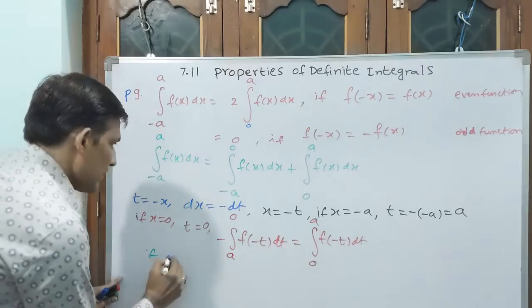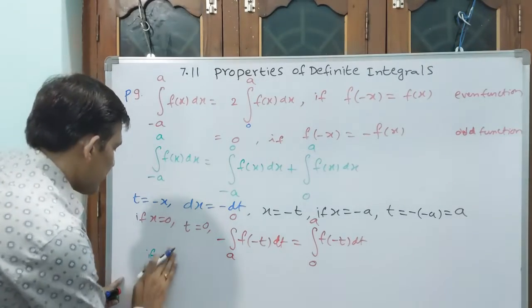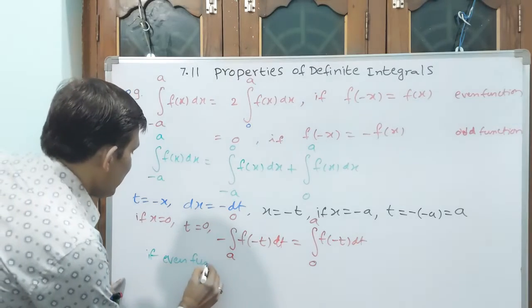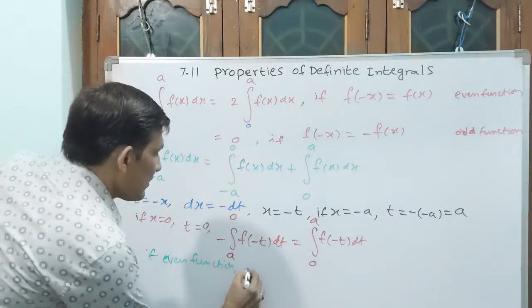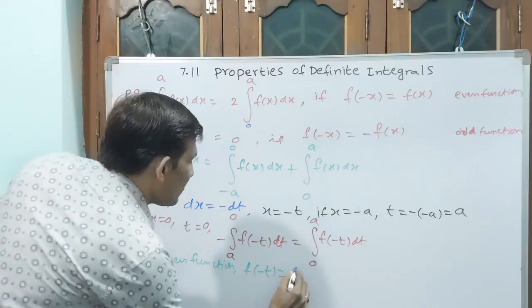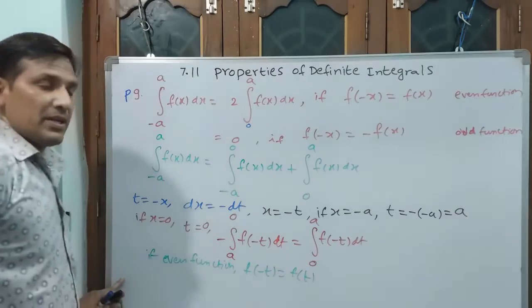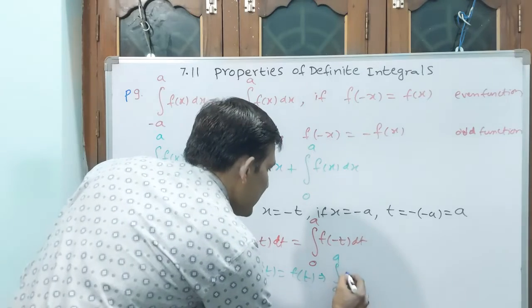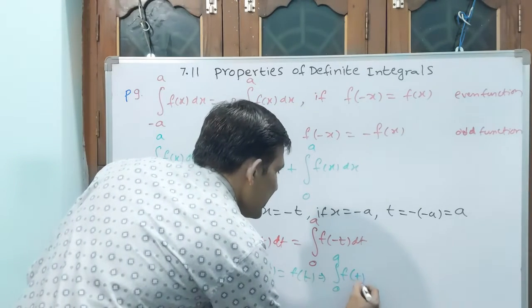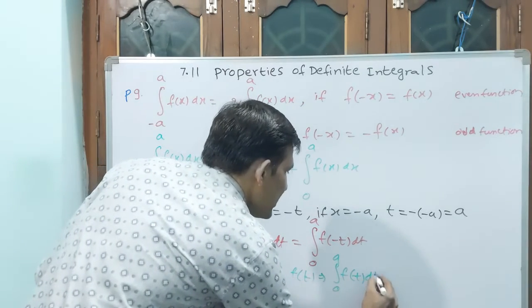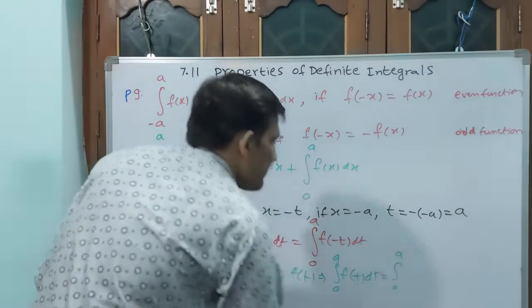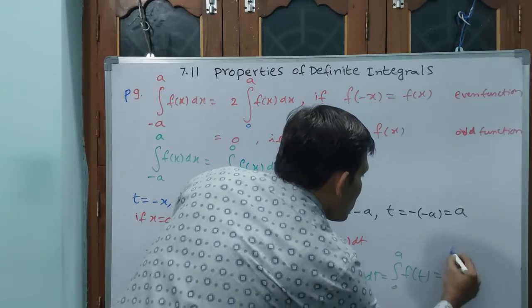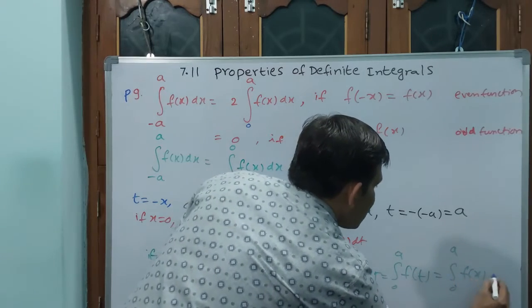If even function, f of minus t is equal to f of t, then what is it going to become? It implies 0 to a f of minus t dt is going to become 0 to a f of t, that is equal to 0 to a f of x dx.